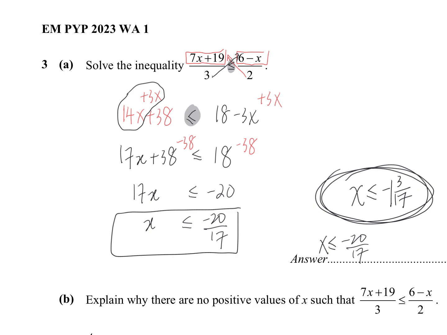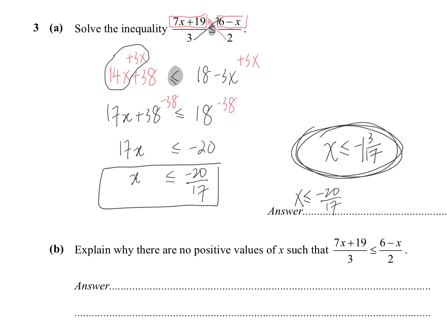Okay, not improper. Then this question asks you why there are no positive values of x such that this inequality is fulfilled. This is my solution set.